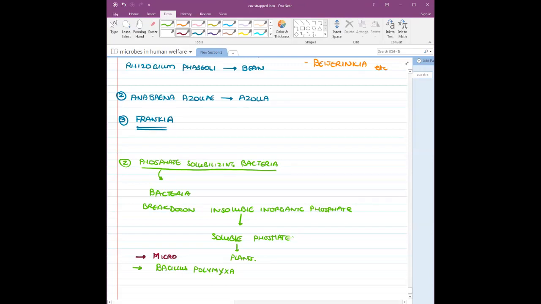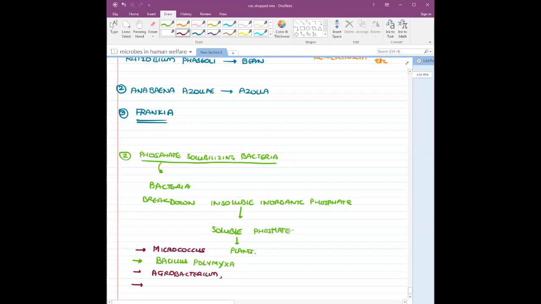Then we are going to have your Agrobacterium species. We are also going to have your Aspergillus. And then once again you are going to have your Pseudomonas species.